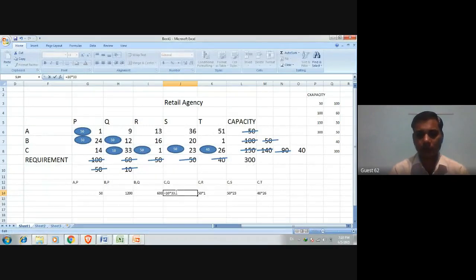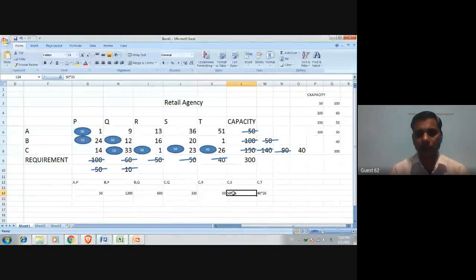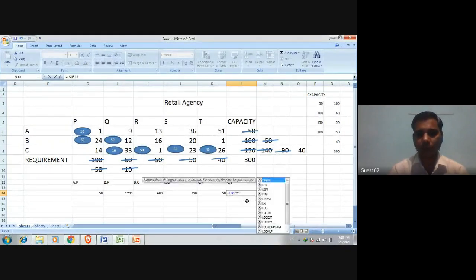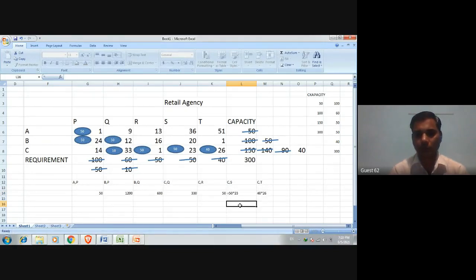This is 50 into 1. We will write equal here, and this 50 into 23 equal, and equal to 40 into 26, and after applying this multiplication formula, this will become this.